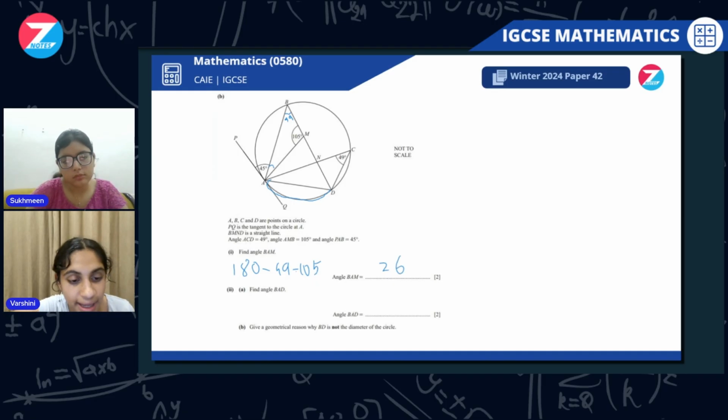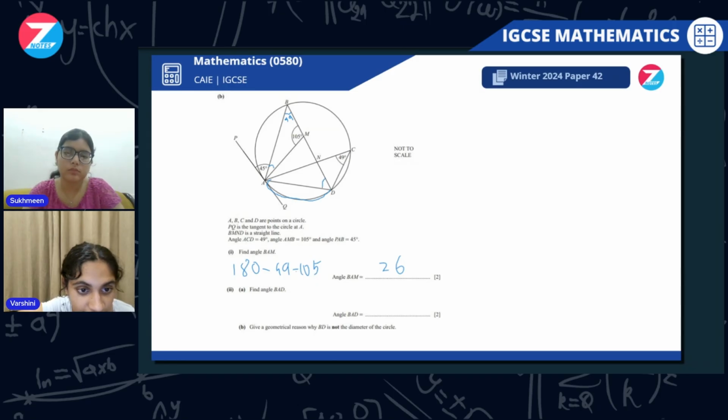Okay, find angle BAD. So that's going to be this angle. They want this entire angle. Okay, so we know that for any triangle in a circle that fits inside the entire circle, according to the alternate angle theorem, this angle, which is the angle made by the tangent to the triangle, is going to be equal to the alternate angle, which in this case will be this angle.